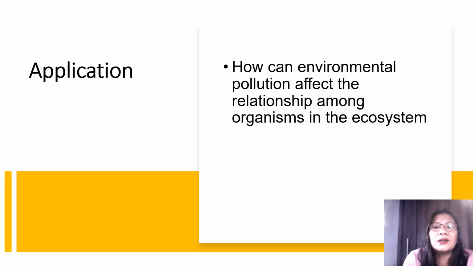So, okay class, how can environmental pollution affect the relationship among organisms in the ecosystem? Again, please write your answer in a comment box or in our chat group para makita natin kung sino yung mga nag-i-interact o nagpa-participate doon sa ating lesson.